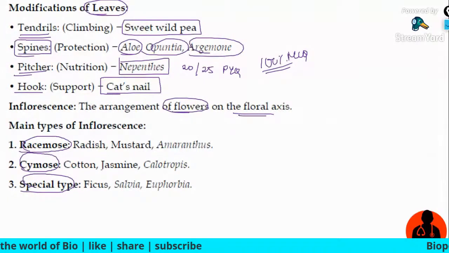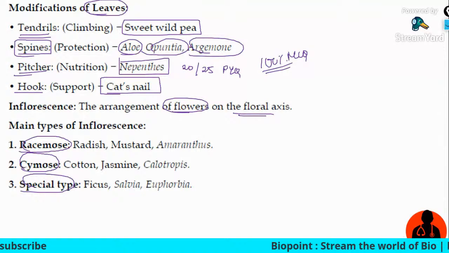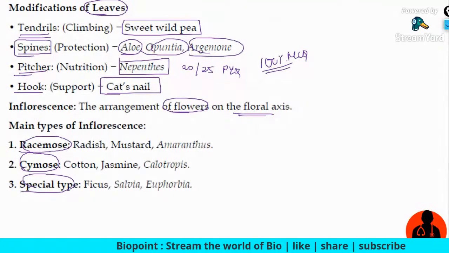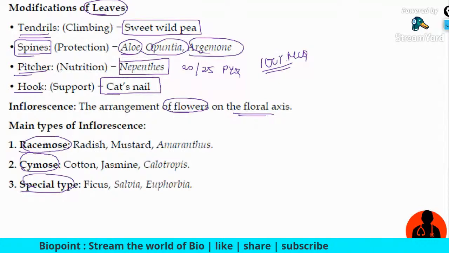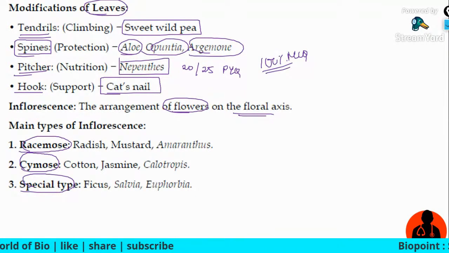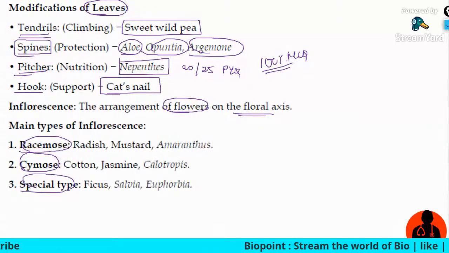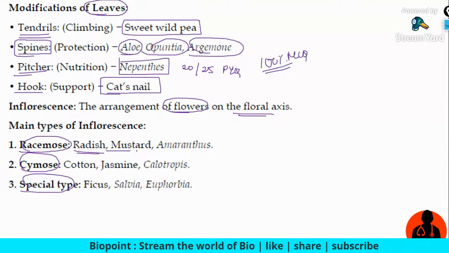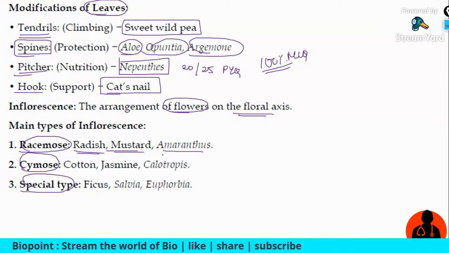In racemose inflorescence, the main axis continues to grow and the flowers are borne laterally in acropetal succession. Examples: radish, mustard, amaranthus.